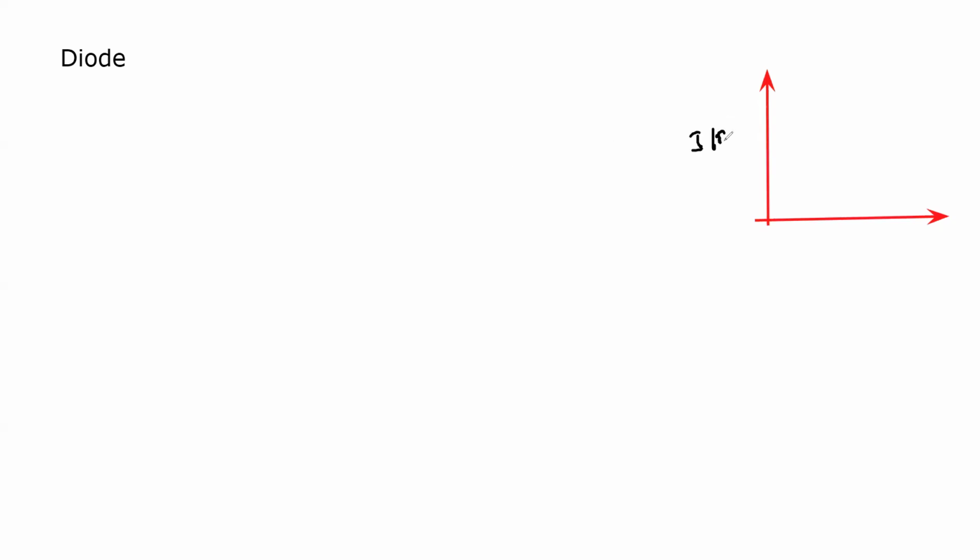If there is current on the y-axis and voltage on the x-axis, the shape of the graph of a diode is like this. How do we explain why the diode initially is not conducting? We can explain in terms of the structure of a diode.